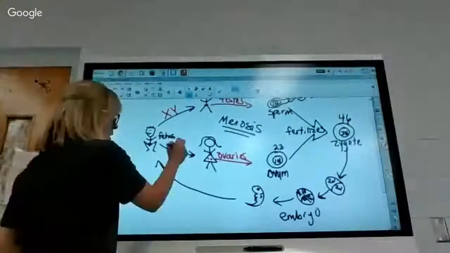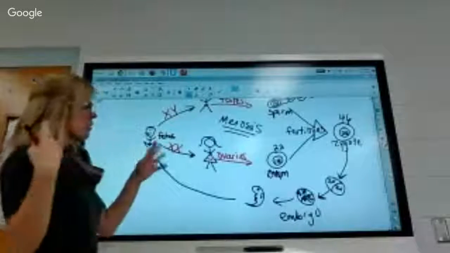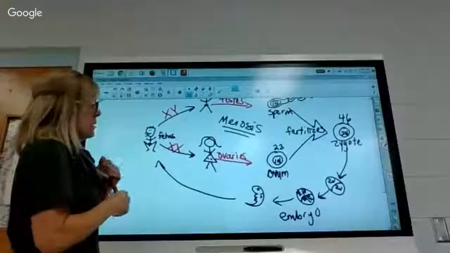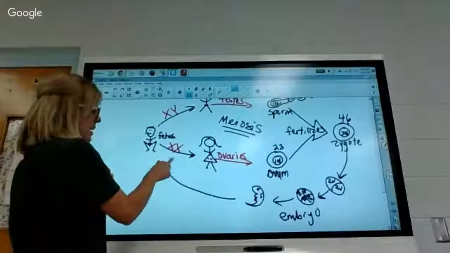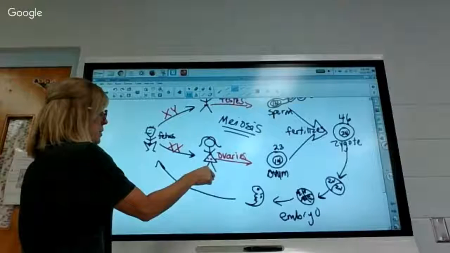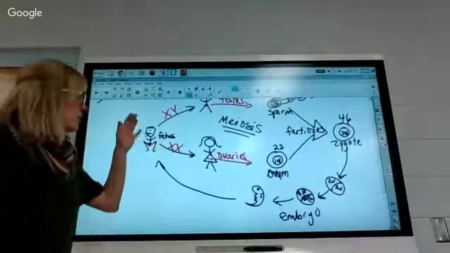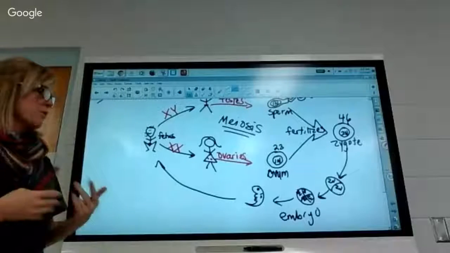XX. Okay, and we know there can be XXY, there can be XO, there can be other different combinations, but for the most part, if it has any X's and no Y's, it's going to be female. Now, that goes into some of the transgender conversations, and that's going to be on a gene level that maybe there's some other things going on.